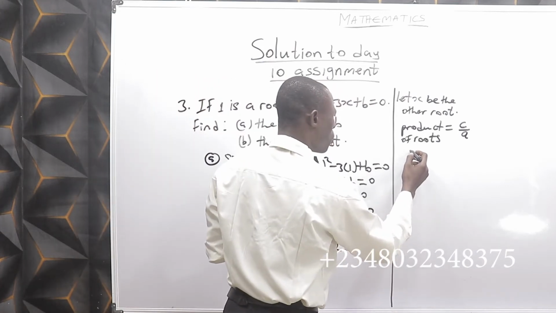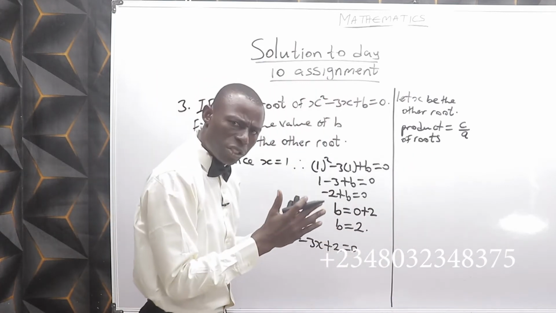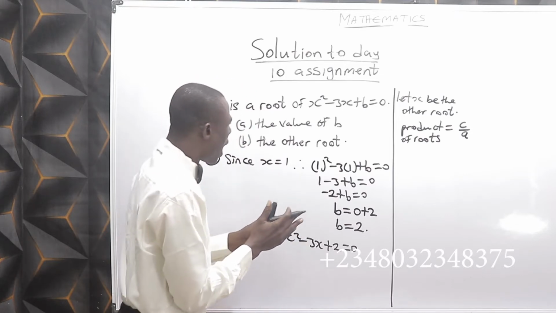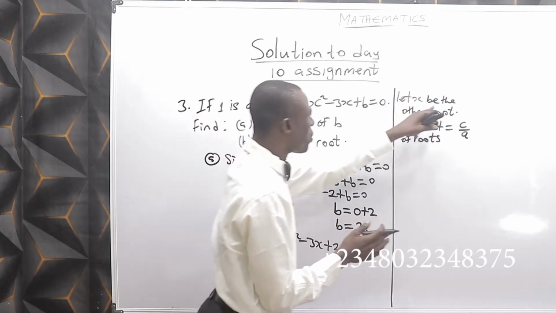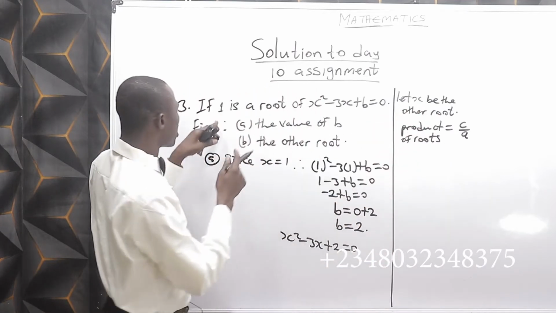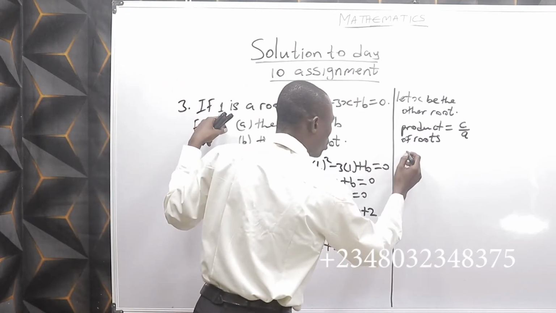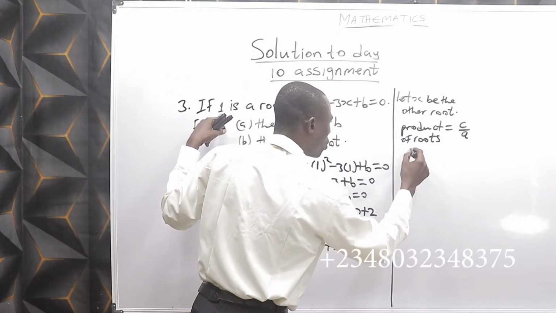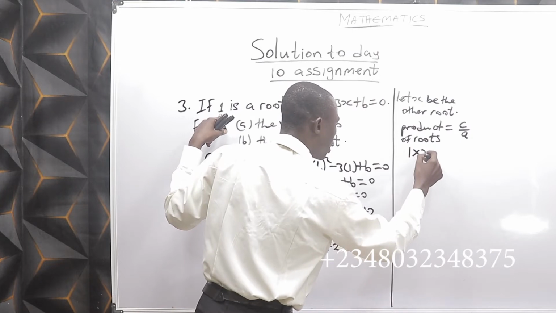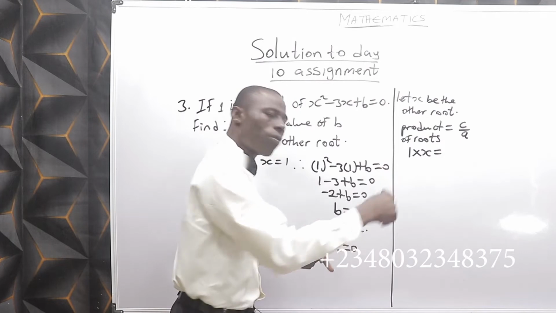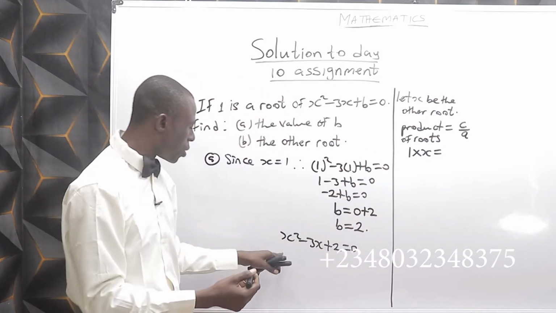And the product means multiplication of the two roots, literally. And you have said, let x be the other root. And 1 has been given to you as one of the two roots. So the product of the two roots will be 1 times x equals c over a. What is your c in this equation?